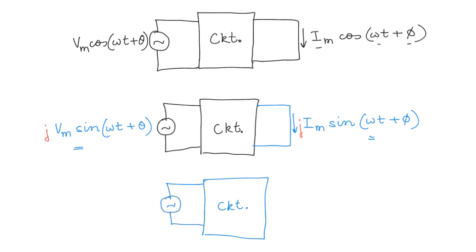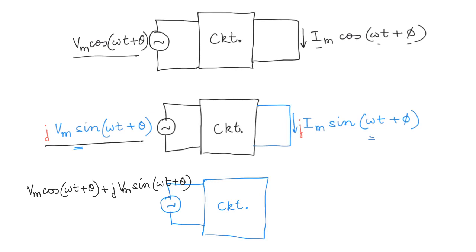But now the input that I want to give to my circuit is the addition of these two inputs, Vm cos(omega t plus theta) and j Vm sin(omega t plus theta). So the input is going to be Vm cos(omega t plus theta) plus j Vm sin(omega t plus theta).